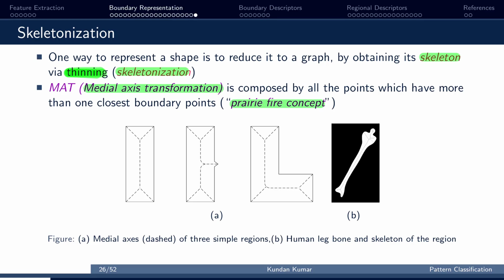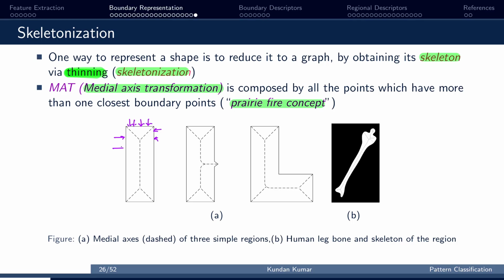That if we have a piece of paper, and we burn it from all sides, and we assume that the paper is equally inflammable at every point, then what will happen? It will burn from all sides at an equal rate.